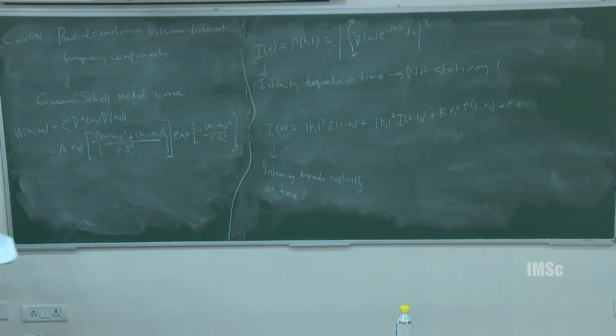The cross-spectral density is a product of two Gaussians, as you can see here.